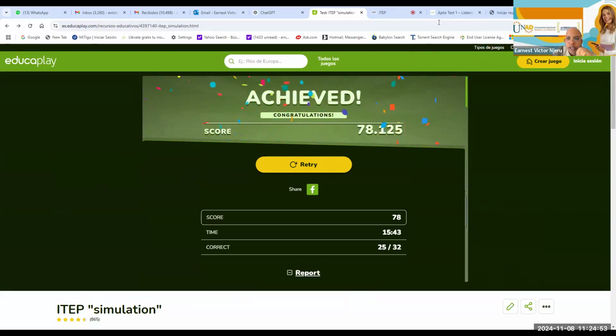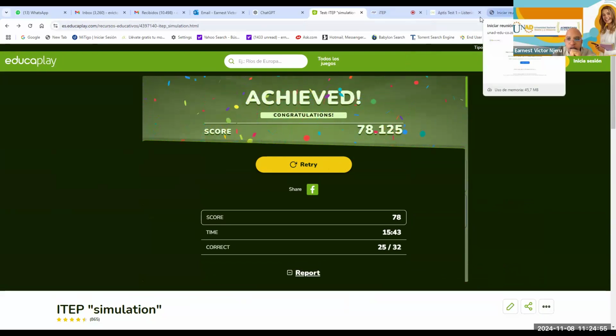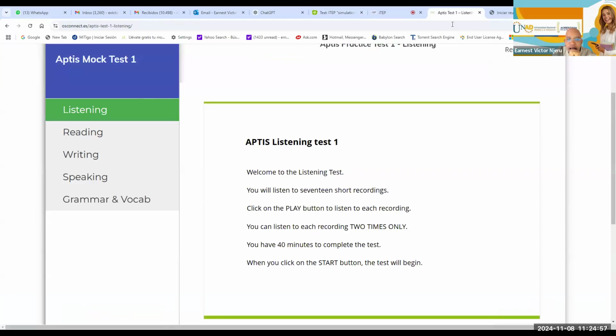And therefore, I would wish that I show you a little bit about the Aptis, because this is like the new exam for most of us. So let's try to check something here about the Aptis itself, and you are going to find something amazing. I'm just going to show you how it's organized.